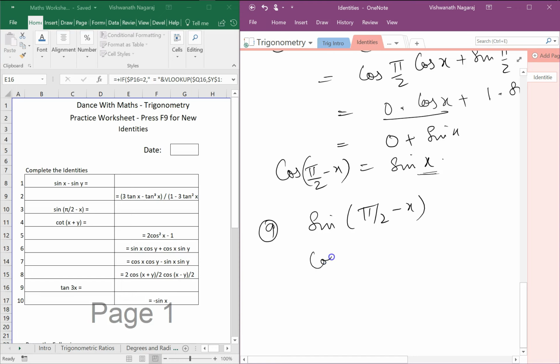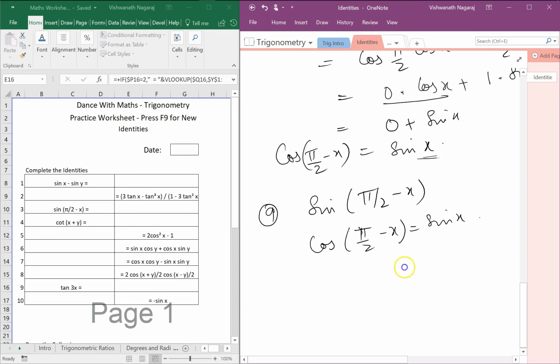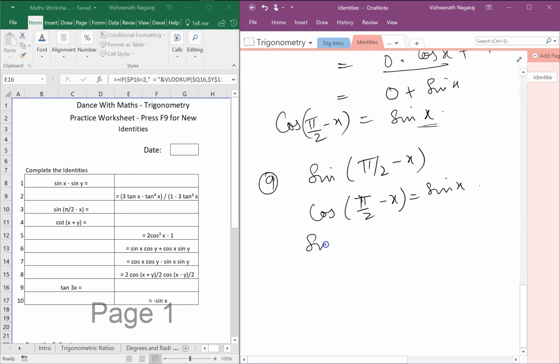We know cos pi by 2 minus x equal to sin x. Right? Let's reverse this. So we write sin x is equal to cos pi by 2 minus x. Now here in place of x we write this.